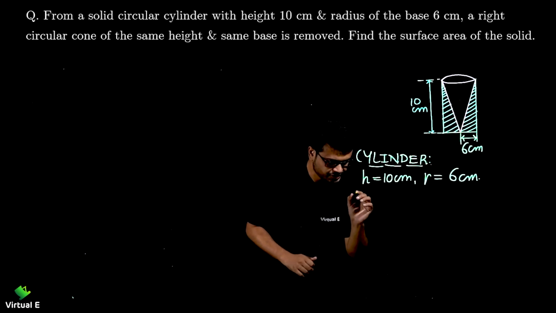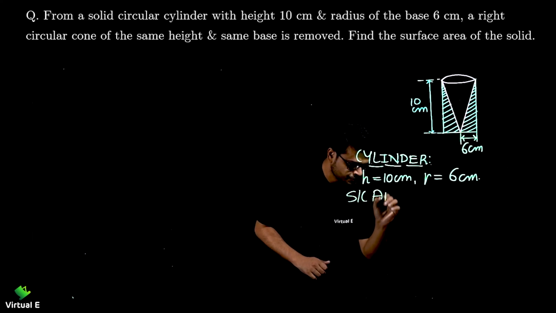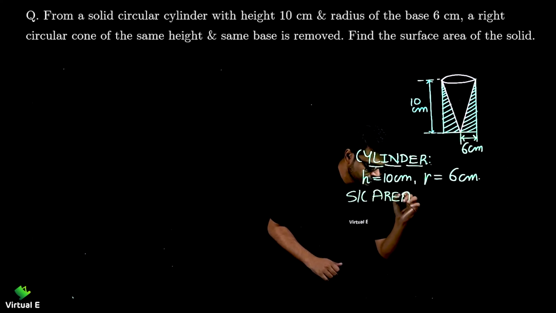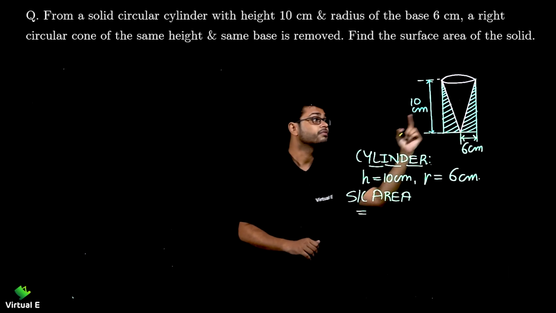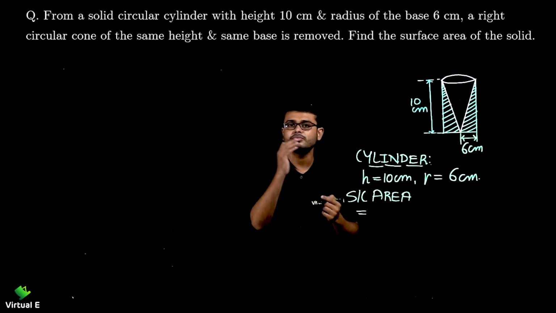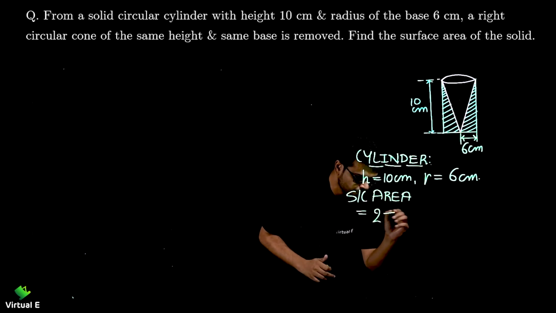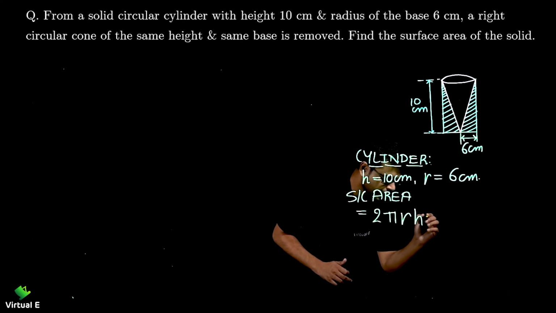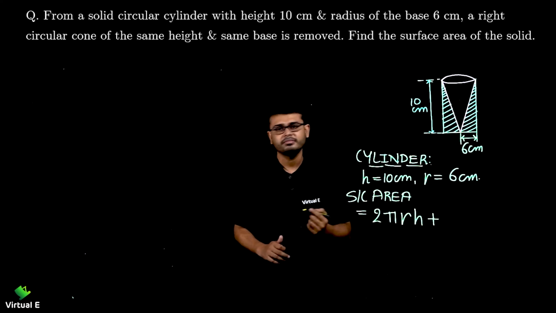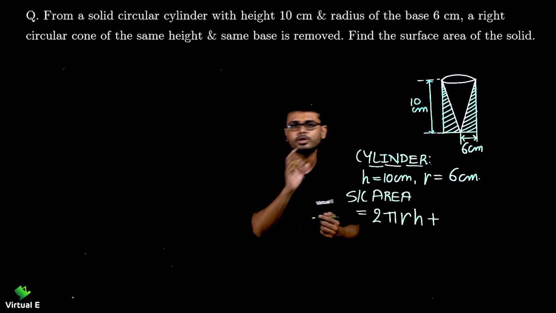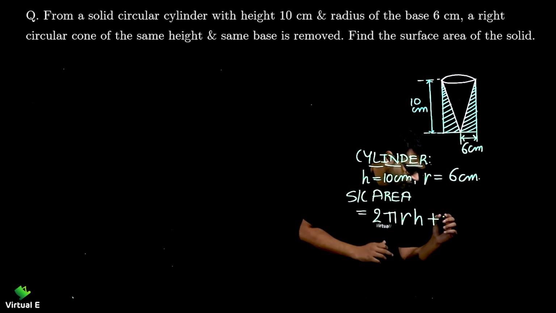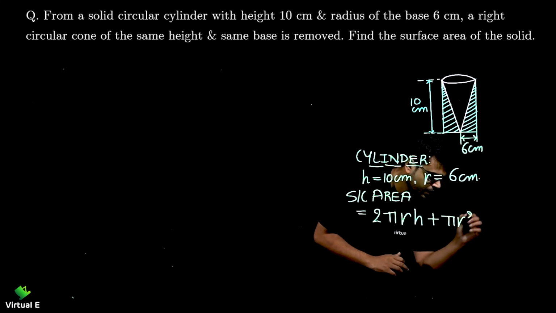So let's write surface area, which is first of all curved surface area, that is 2 pi r h, plus area of the base. The base of the cylinder is a circle. And what's the formula? Pi r square.